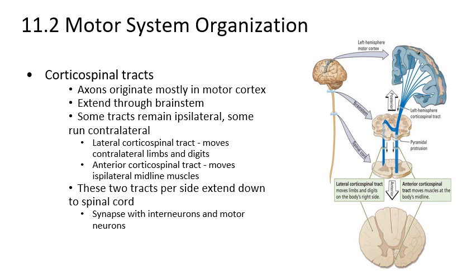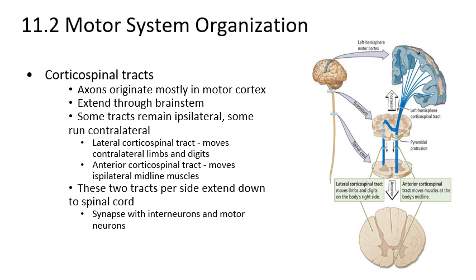So motor plans that come from the cortex move down through the spine, through these corticospinal tracts, and these are axons that originate mostly in the motor cortex and extend down through the brainstem. Some of these tracts remain ipsilateral, so on the same side.